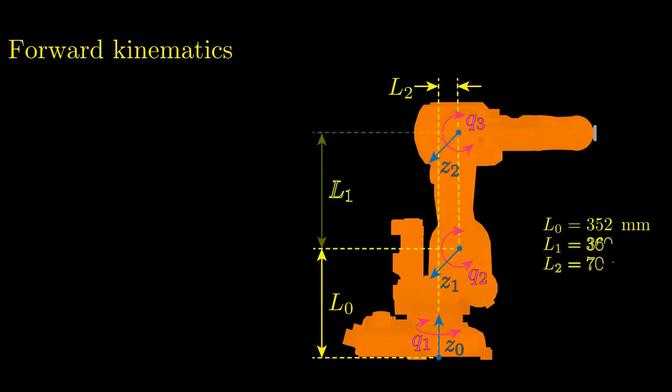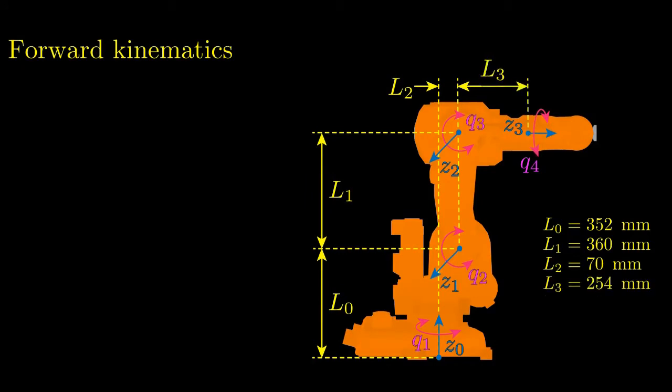The joint Q3 attached to link 2 appears with its rotation axis Z2, whose origin was located at a vertical distance L1 from the origin of Z1. The joint Q4 of link 3 appears with its rotation axis Z3, whose origin was located at the horizontal distance L3 from the origin of Z2.